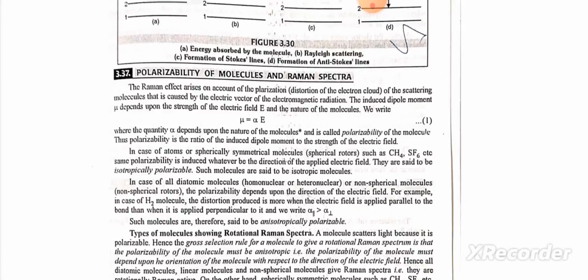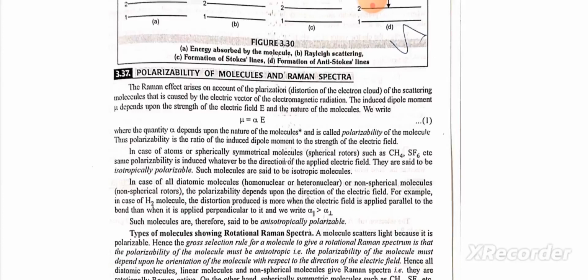We write mu is equal to alpha E, where the quantity alpha depends upon the nature of the molecules and is called the polarizability of the molecule. Thus, polarizability is the ratio of induced dipole moment to the strength of electric field.